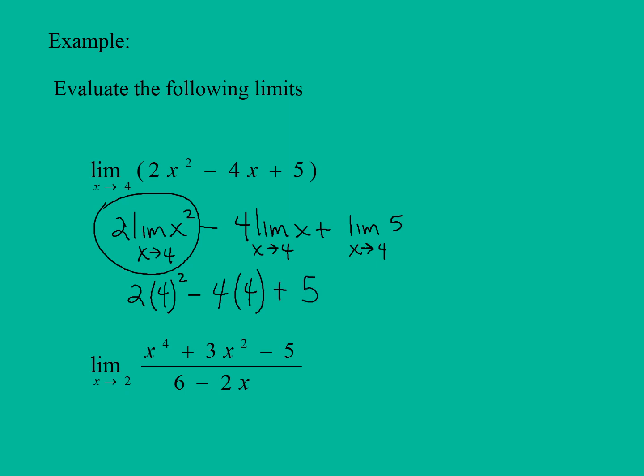So that would be plus 5. So we would have 2 times 16 minus 16 plus 5. And that appears that we're going to get 21.